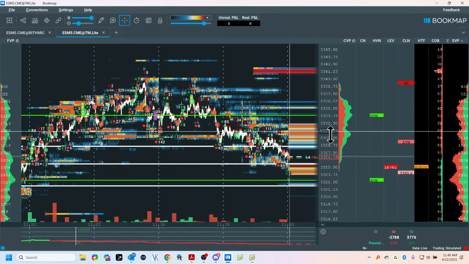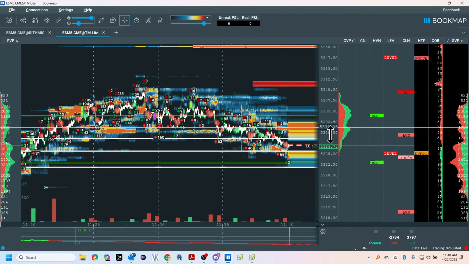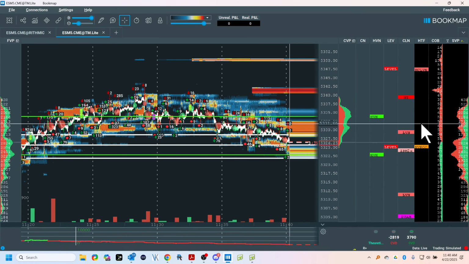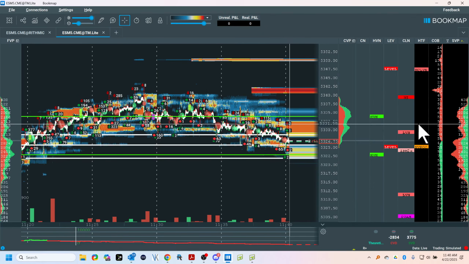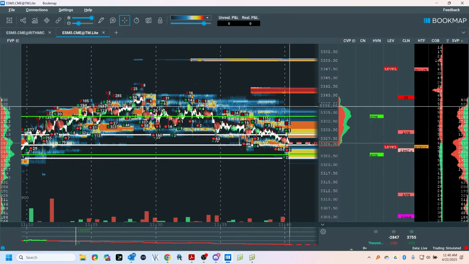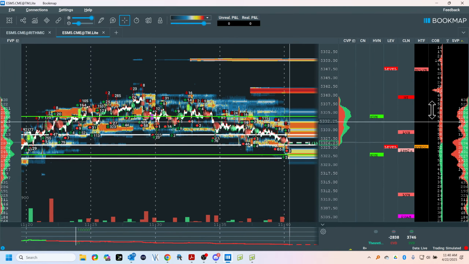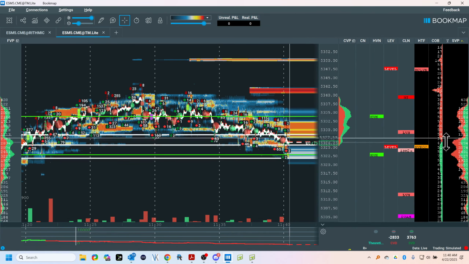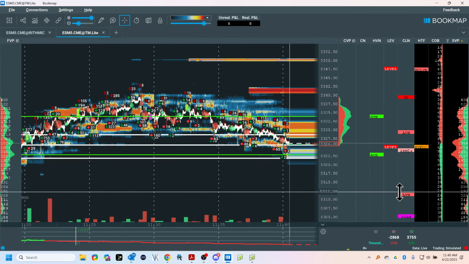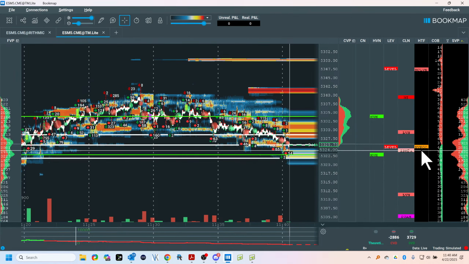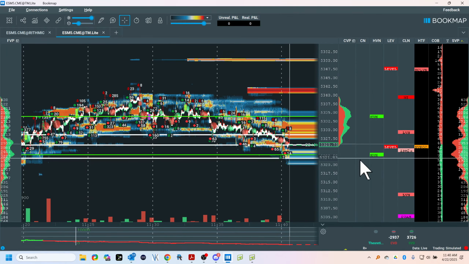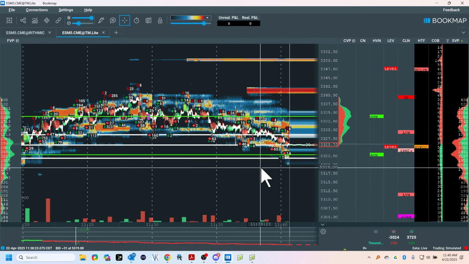Let's look a little further down here. If we're below this, which was our target for any long, this HVN, I should say, we're falling outside of this distribution, then we are rejecting this. Now we have another distribution, and we can come back here or stop in this area. Let's see, the next high volume area is in here. We'll watch it.